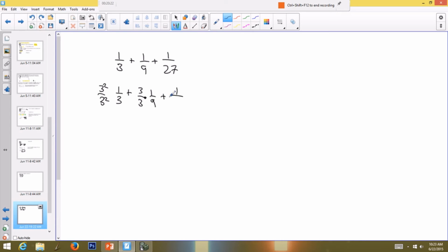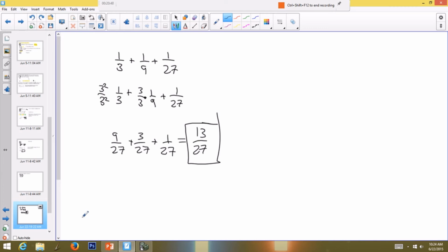And the 1/27, it doesn't change, so I'm going to leave that there. So now I get 9 over 27 plus 3 over 27 plus 1 over 27, which is 9 and 3 is 12, and 1 is 13/27. And since 13 is a prime number, we're done there.